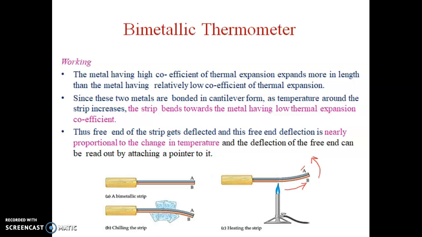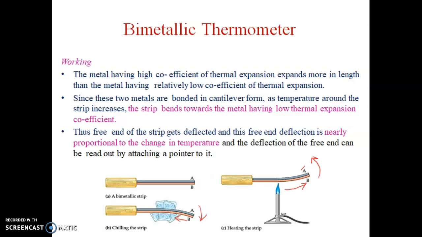When this one is subjected to a reduction in temperature, the contraction will be more for B compared to A, so it will have a clockwise deflection for the free end.